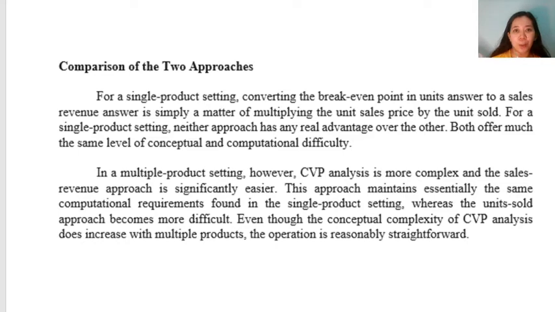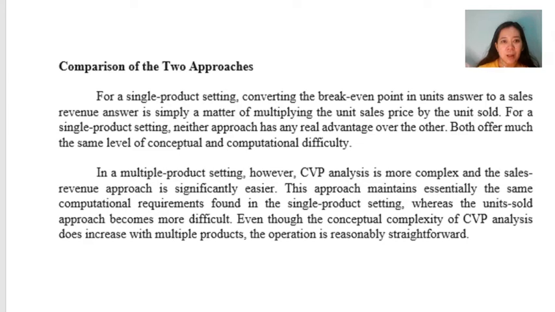Next, comparisons of the two approaches. For a single product setting, converting the break-even point in units to a sales revenue answer is simply a matter of multiplying the unit sales price by the units sold. Meaning, if the company just has one type of product, converting the break-even point in units to peso sales is simple.